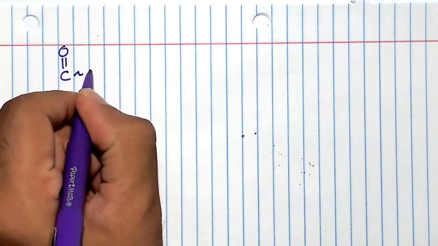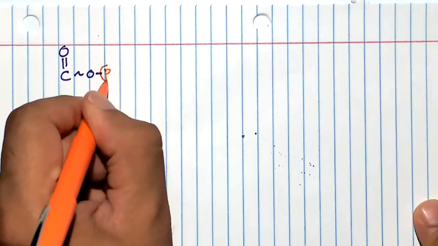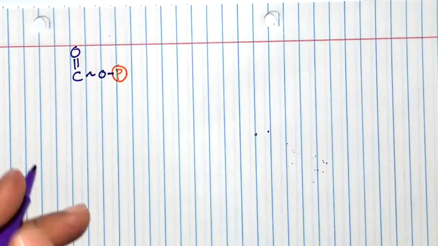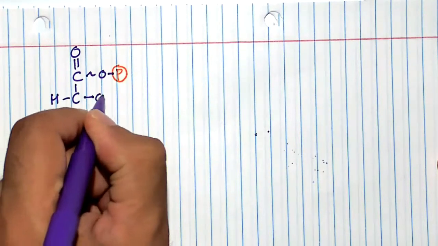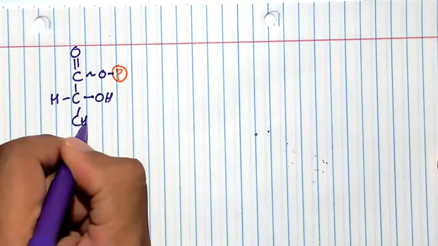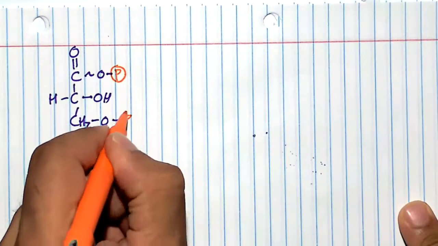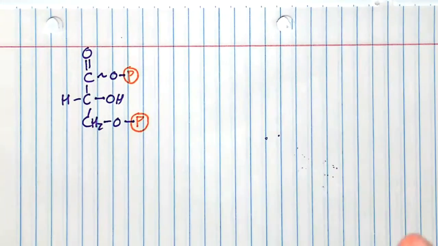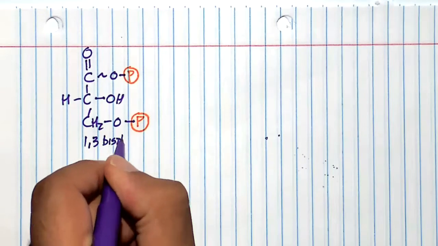Okay, so here we have C double bond O. Here is the phosphate that came from 1,3-bisphosphoglycerate. So here's 1,3-bisphosphoglycerate.